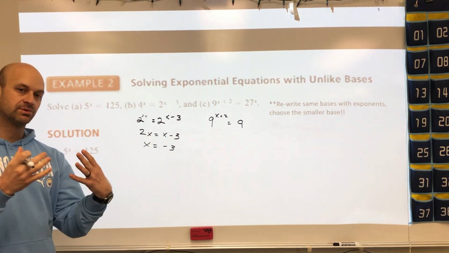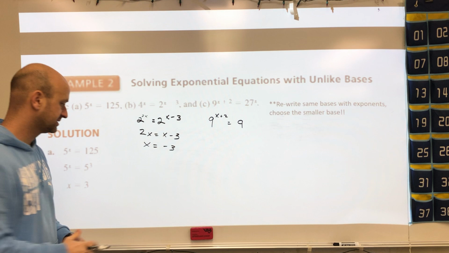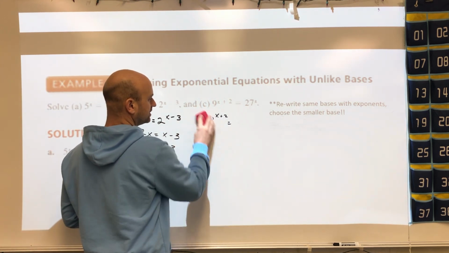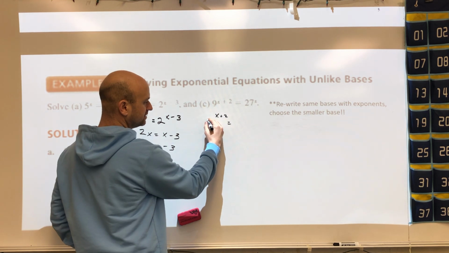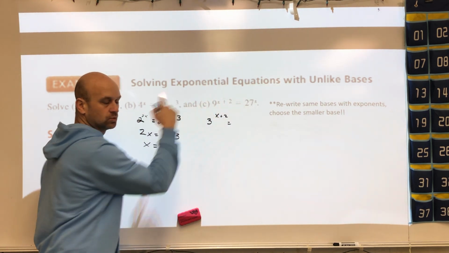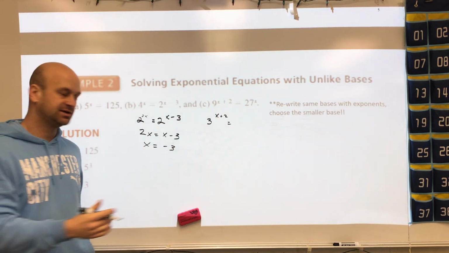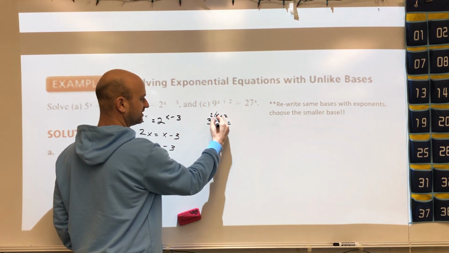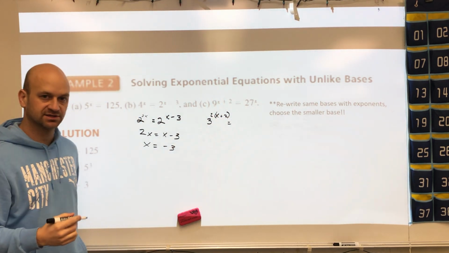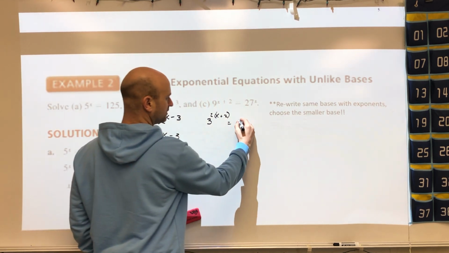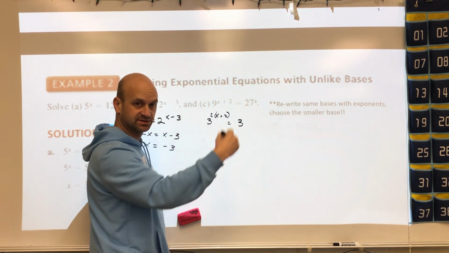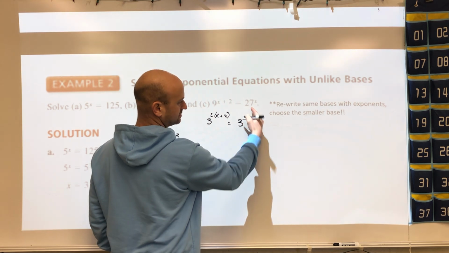So what if we rewrote it with another base that makes it the same? In this case, what if we used 3? If I had 3, what would we do to get 9? Well, that would be 2. So it'd be 3 to the 2 times x plus 2, because 3 squared is 9. Over here, what would 3 be? Well, 3 times 3 times 3 is 27.